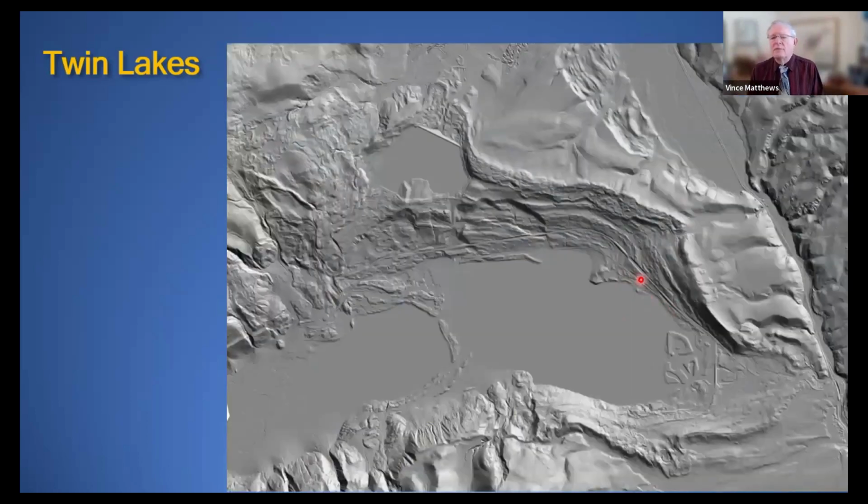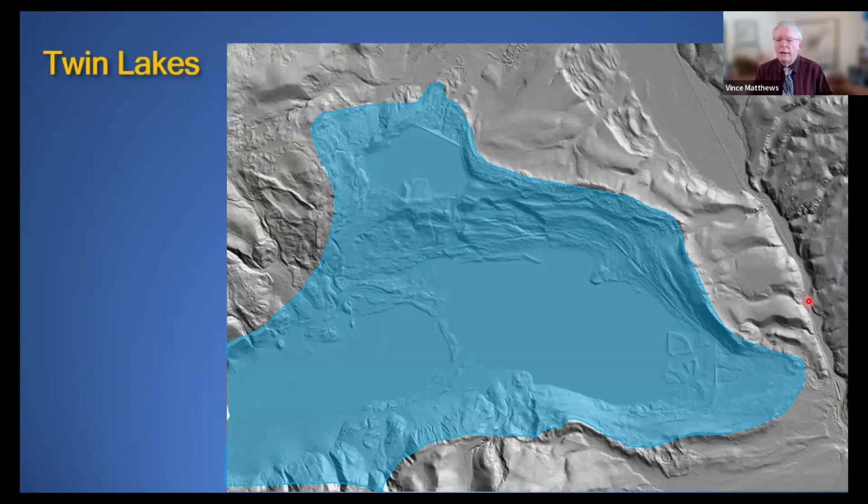Here's the LIDAR of the area, and the glacier came down at least to this point. It may have gone farther and may actually have dammed the Arkansas River at one time, but we don't have the record to say that or not. There was a lake here at one time.